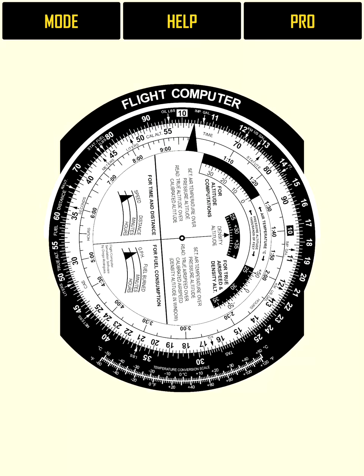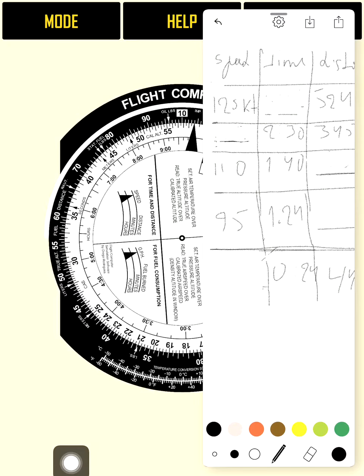I have those problems, and you can do the rest by yourself. We'll find time on our first problem, then speed, and then distance, and the other two you can write down on a piece of paper. That's up to you.